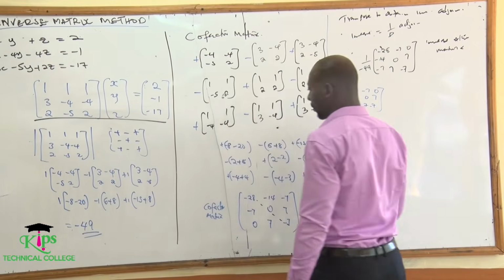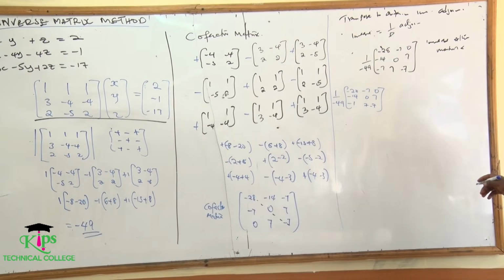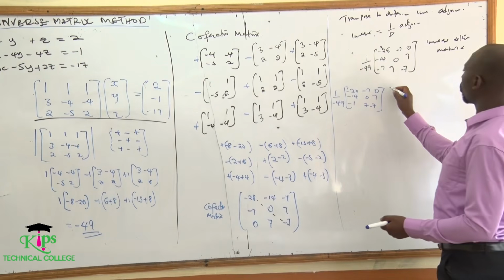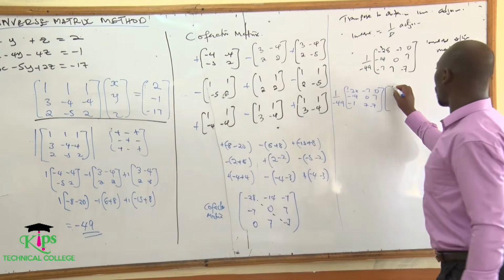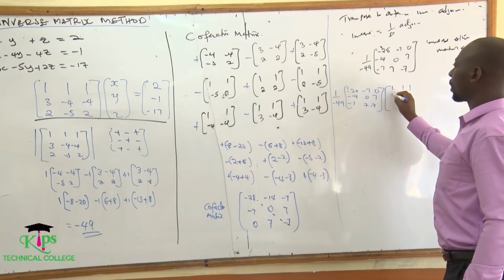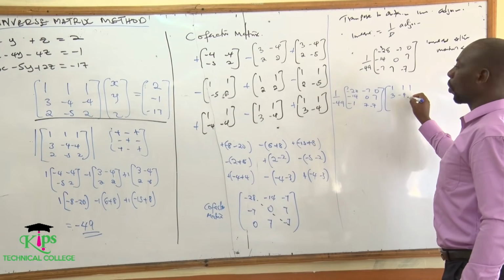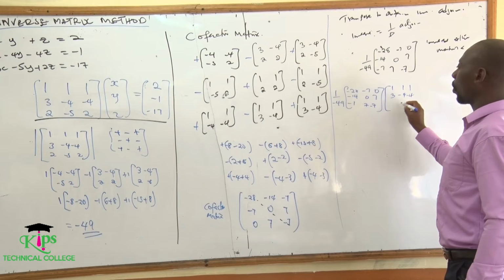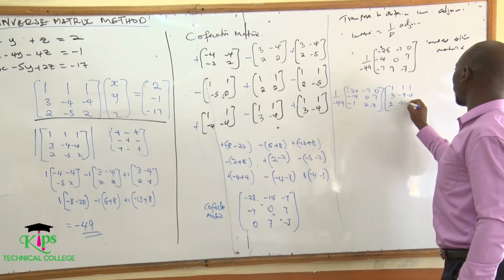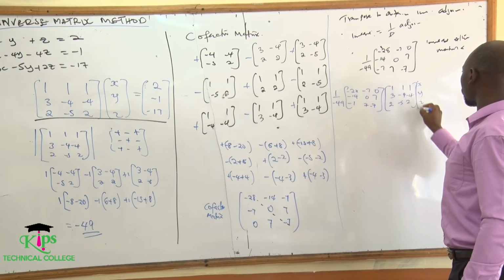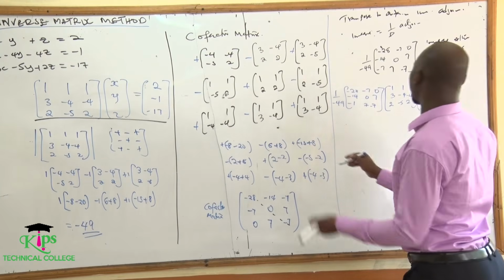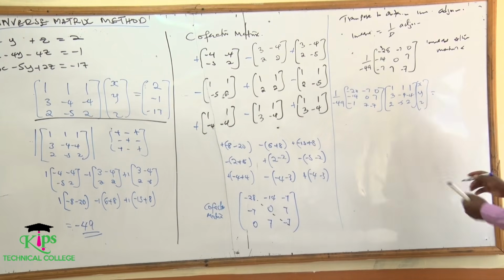In that format, you then multiply by the original matrix, that is 1, 1, 1, 3, negative 4, negative 4, then 2, negative 5, 2, times x, y, and z. And whatever you multiply on the left, you also multiply on the right.